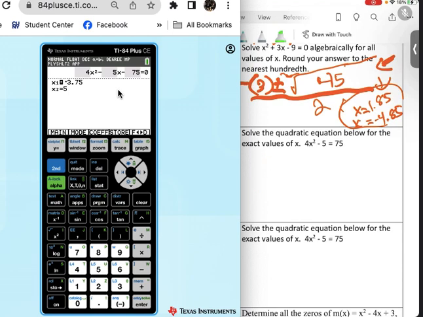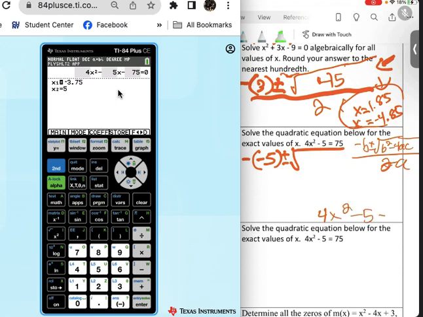So I have negative b plus minus square root b squared minus 4ac over 2a. So negative 5 plus minus the square root. Remember, this was moved to the other side. So remember that our equation is actually 4x squared minus 5 minus 75.